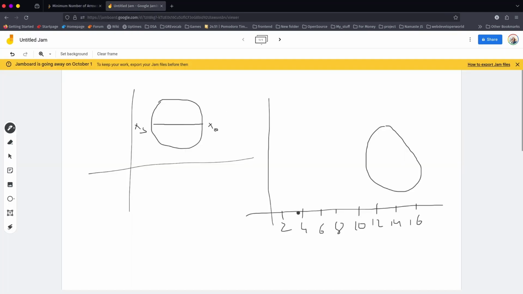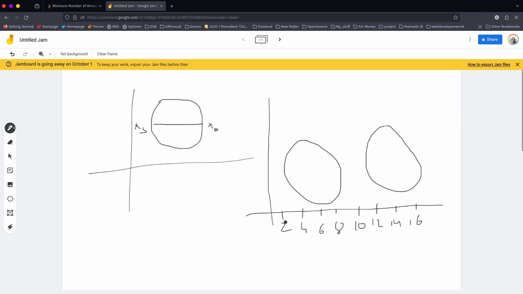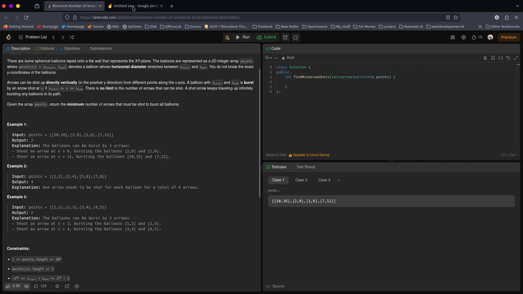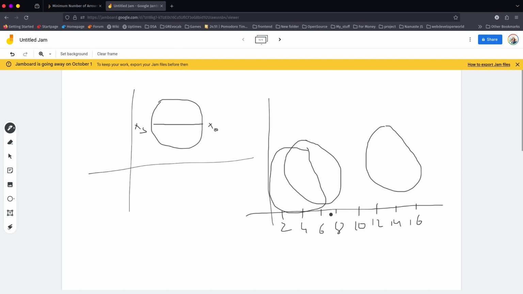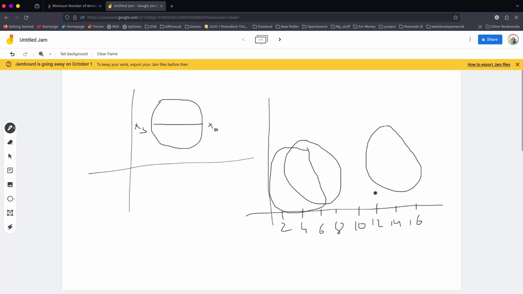The second balloon is 2, 8. The third balloon is 1, 6. My fourth balloon is 7, 12.